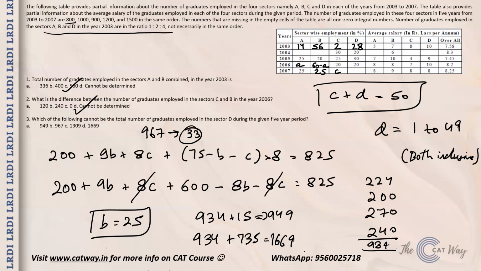Now guys, what is 33 of 1500? 33 of 1500 is equal to 2.2%. Now that is never possible. Why? Because we know that all the blanks are non-zero integral, and 2.2% is not an integral value. Hence 967 cannot be the number of employees, and option B will be the right answer.